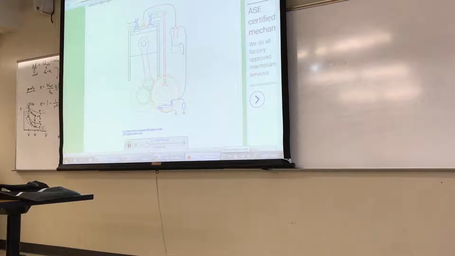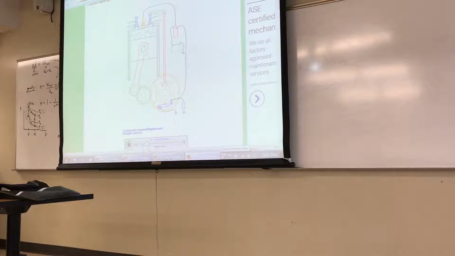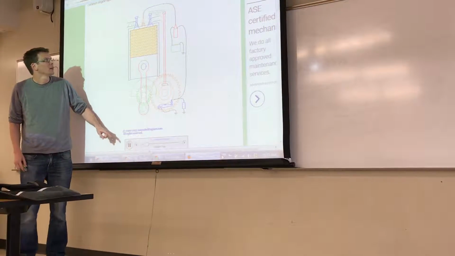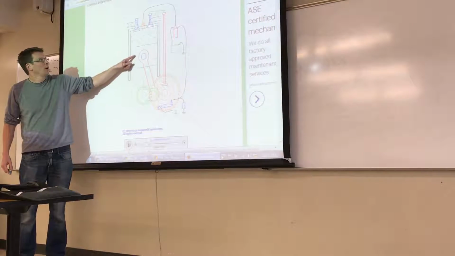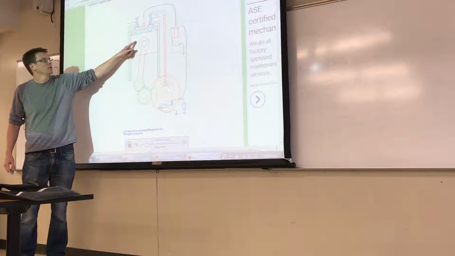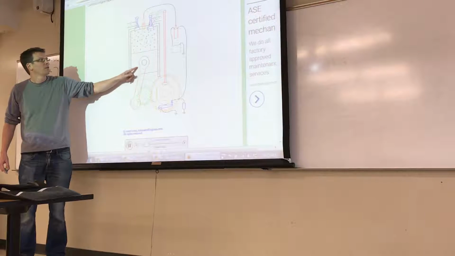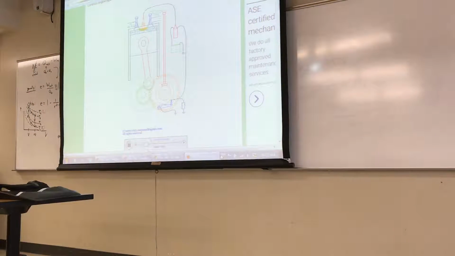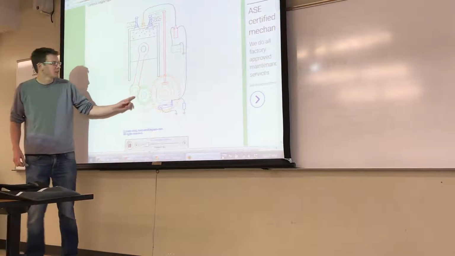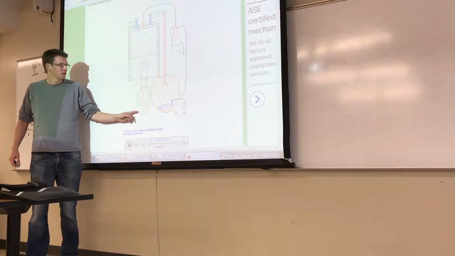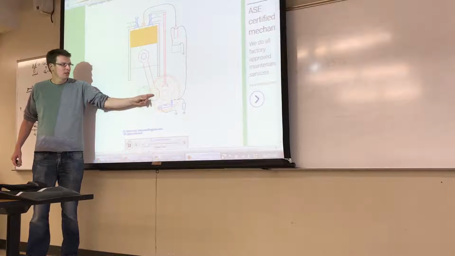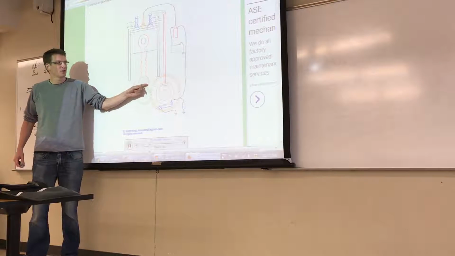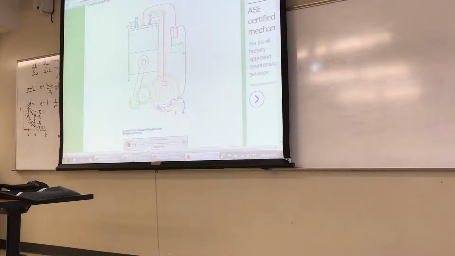So if you count the strokes here, okay, how long does it take for us to do this, okay? So we have 1, 2, 3, 4, okay? So that's 4 strokes to complete this thermodynamic cycle. So if we can count the crankshaft here, it'll be 1, that's 2, so that's 2 periods of the crankshaft to complete 1 thermodynamic cycle.